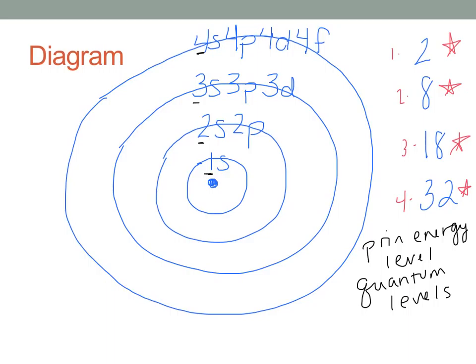But then you've also got the S's, the P's, the D's, the F's. Those are your sublevels, or orbitals. So there's your diagram.